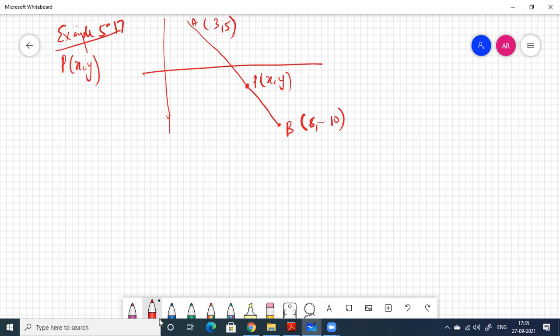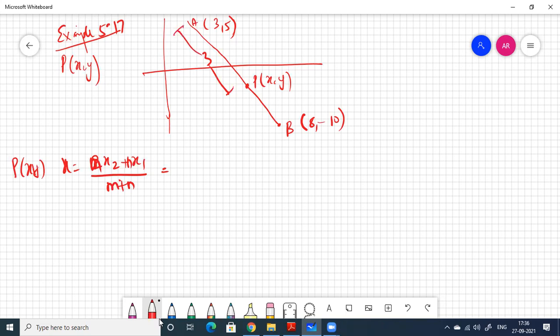Now what you have to do? You have to take P of x comma y as a point. x is equal to nothing but m into x2 plus n x1, divided by m plus n. What is m? m is said to be 3.